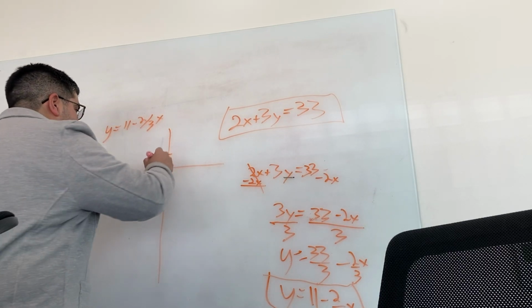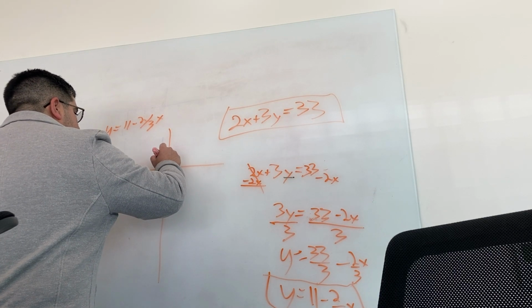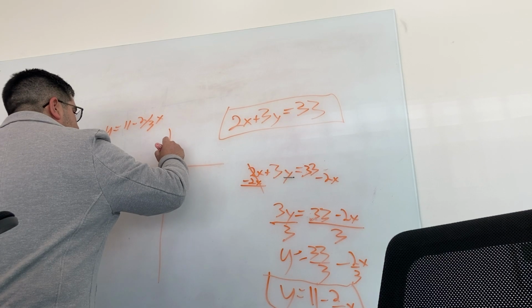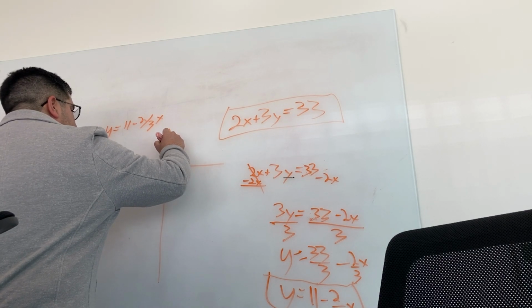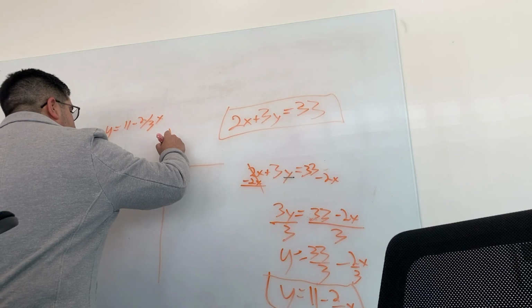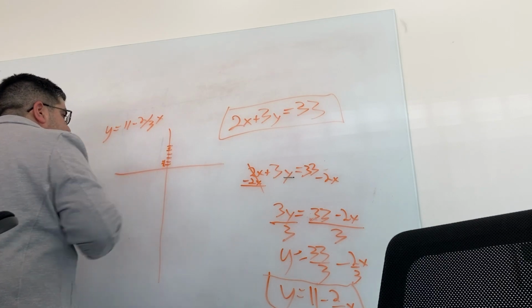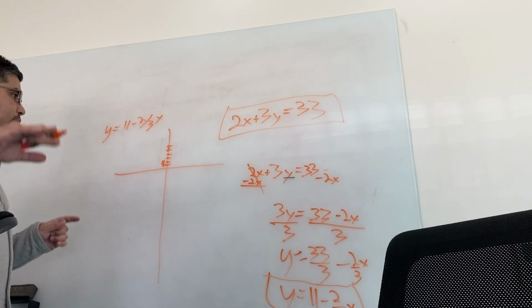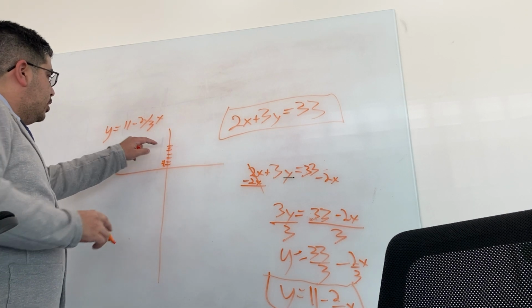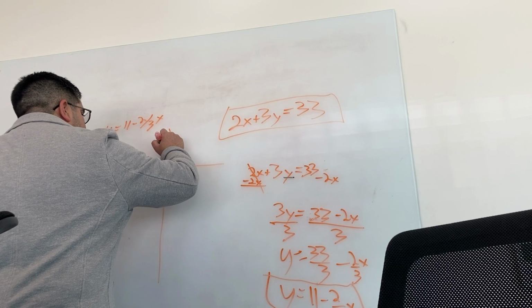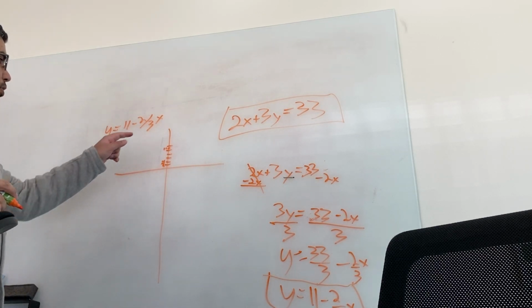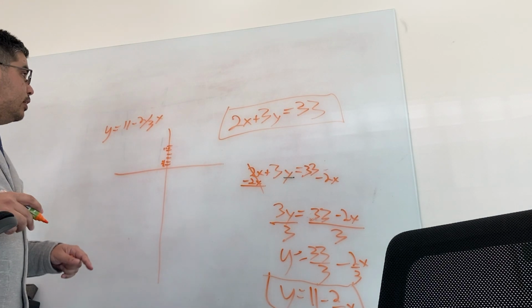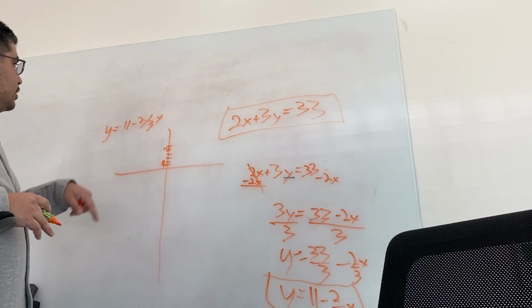I'm going to say that this is 2, that'll be 4, 6, 8, 10, 12. So 11 is going to be over here. That's where the line is going to cross the y-axis. I didn't want to write 11 lines, so I counted by 2. That's going to be the y-intercept, at point 11 on the y-axis.